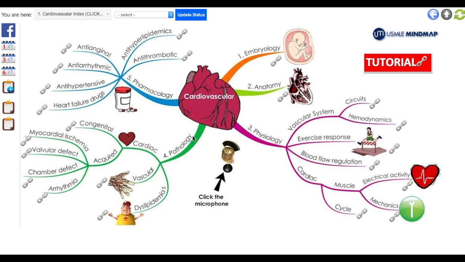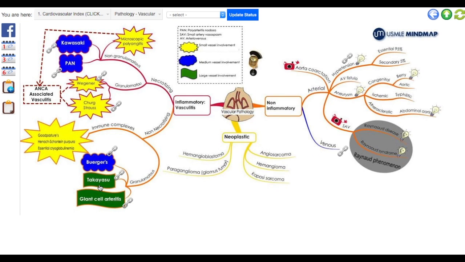The overall map of the cardiovascular system now will bring us to the pathology. We follow pathology and we see under vascular, hypertension falls under vascular. We click on the link for vascular and it opens up to give the details. Now this looks like a map that may scare you in the beginning, but when we look at it on the right, and once again, don't forget, click on the microphone for details.